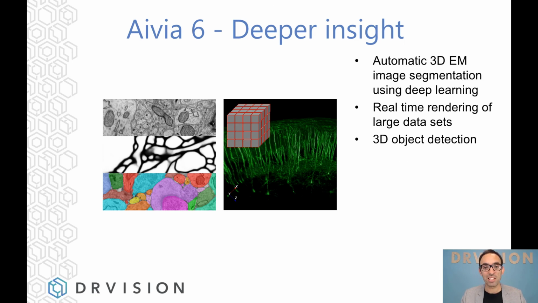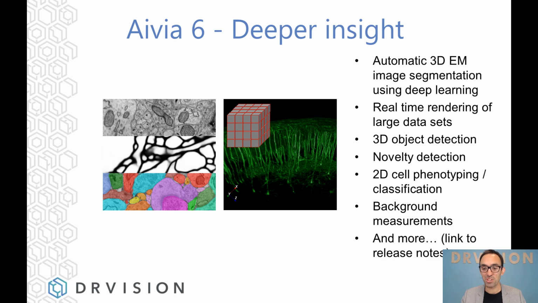Here's a slightly more detailed list of features that we're launching today. We talked primarily about the first two. I mentioned the 3D object detection. We've also added something more to our machine learning classifier tool, and it's called novelty detection.